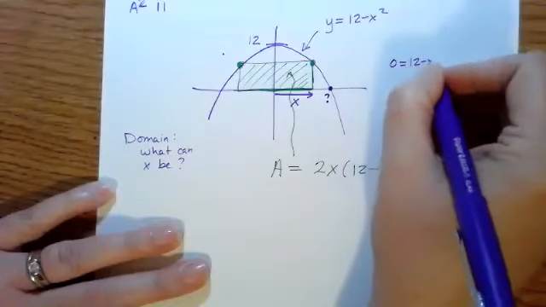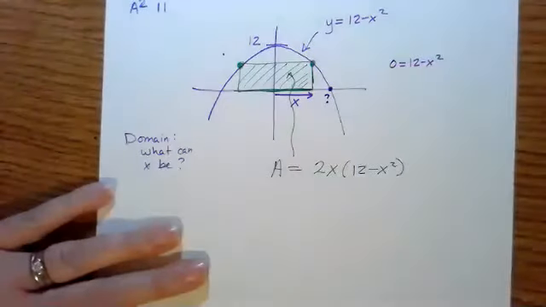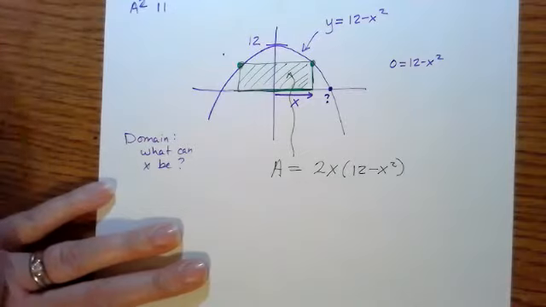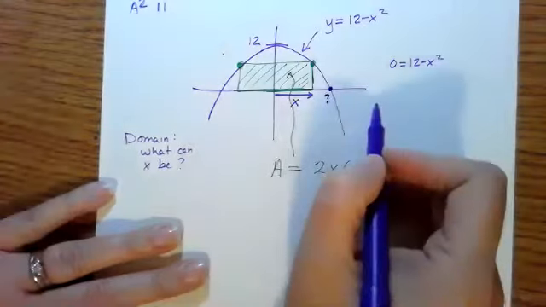I did it different than what Ms. Pryor did, but I used the, what's that one called, Ms. Pryor? The negative b plus or minus the square root, the quadratic formula. Yeah, I used that one. And at the end, you're going to get 2 radical 3. But mine's kind of longer.